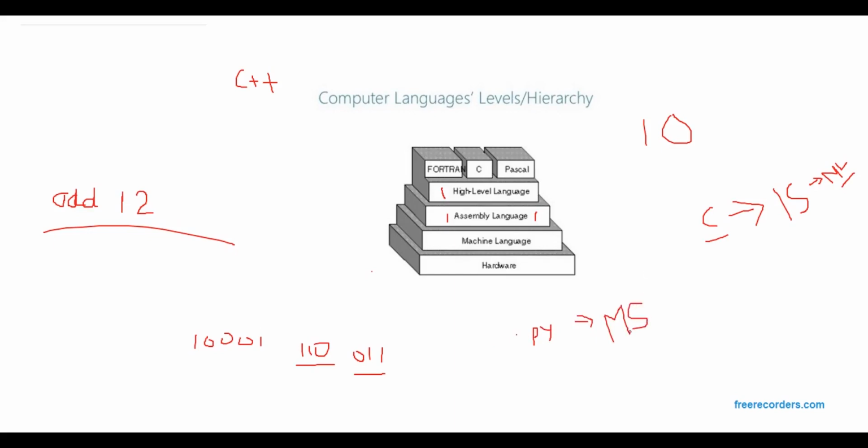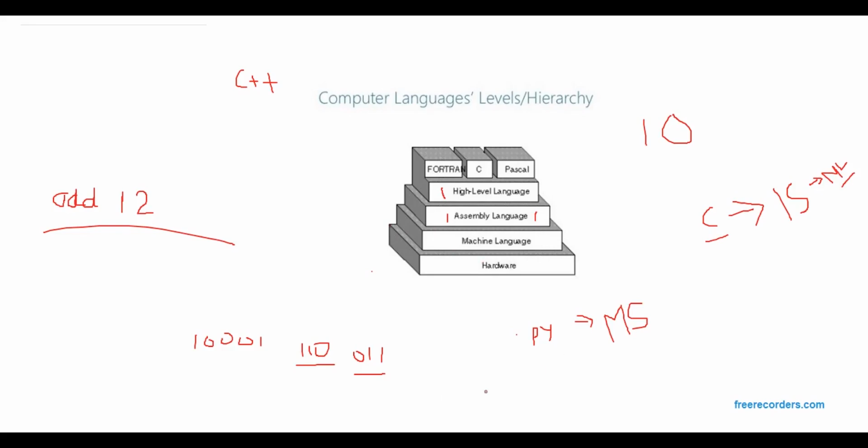Yeah, into a machine language. So actually, all of the programs we are learning will be in high-level language, and it will be converted into an intermediate state just for ease, and then it is converted into machine language.